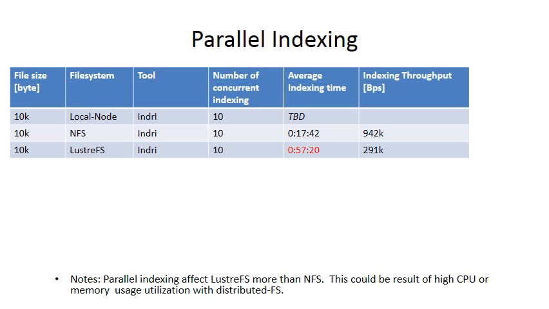We also ran an experiment with 10 instances of the same indexing system because we want to stress the system to see where the bottleneck is. And you can see that between Lustre and NFS, Lustre takes a few times more to index the same amount of files compared to NFS, even with the 10K file size.